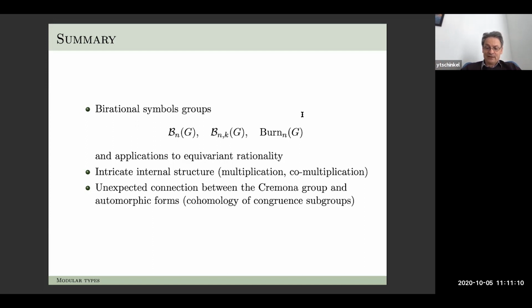There are some open questions about tori in dimension 4, where the cohomological obstructions to stable rationality are trivial, but rationality is unknown. So I think that now that these invariants are in place, it would be interesting to deploy them. All right, thanks so much.